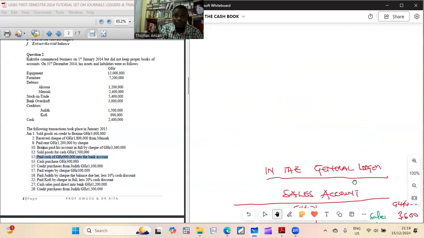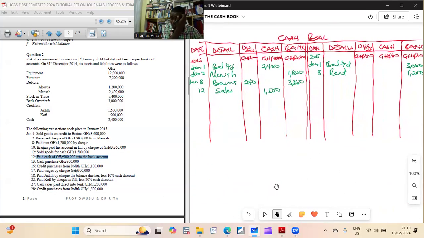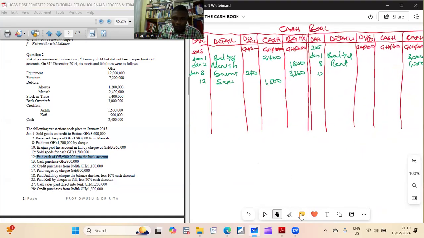So this is an example of a contra entry. Is that not it? So what is happening? When is that date? January 12. So here is cash. The cash is going to our bank, making our bank account go up.